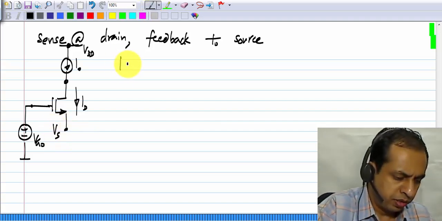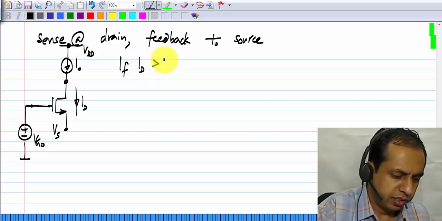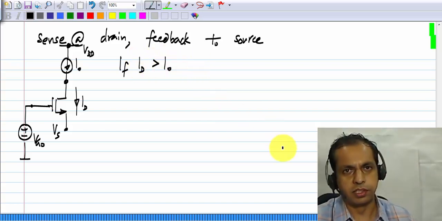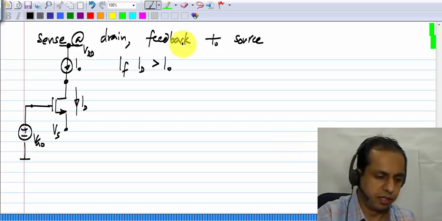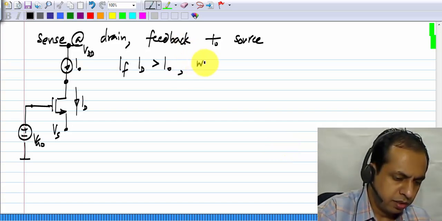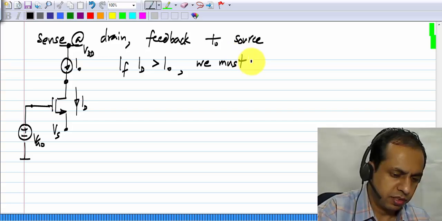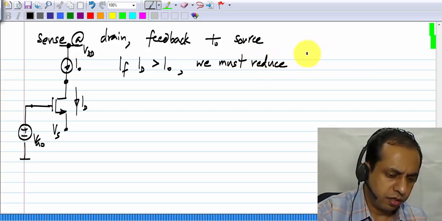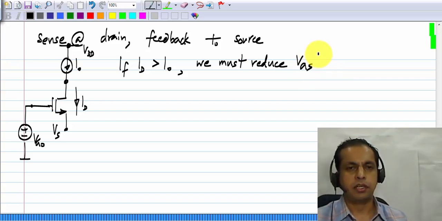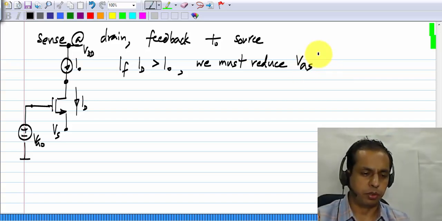So if ID is more than I0, that is the actual drain current is more than the desired current, then we must reduce VGS. If we reduce VGS, then the drain current will come down.